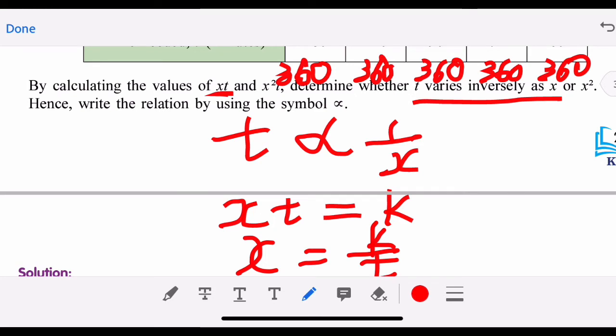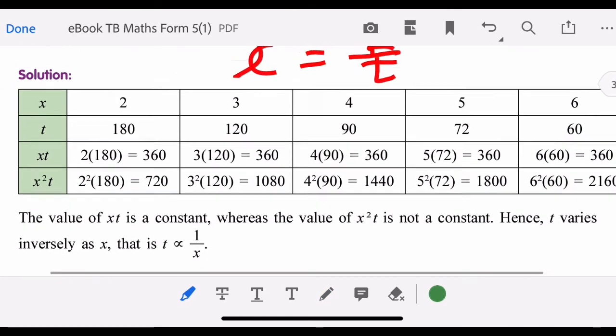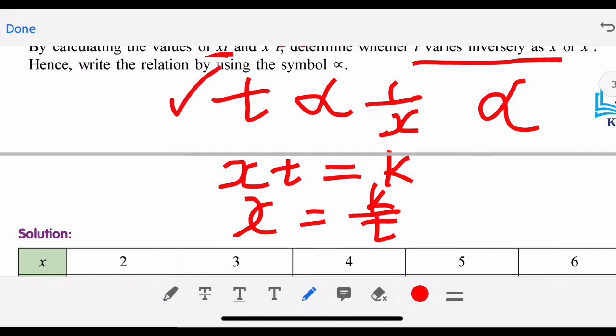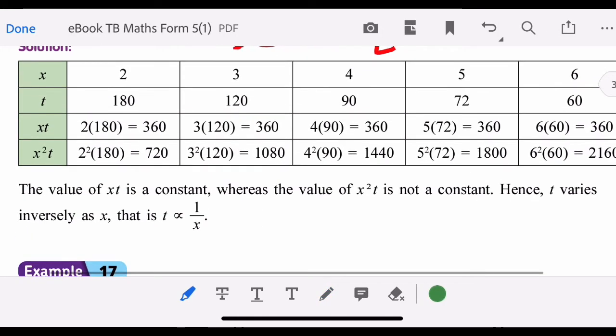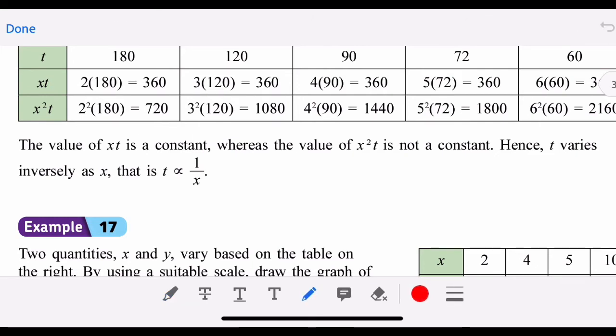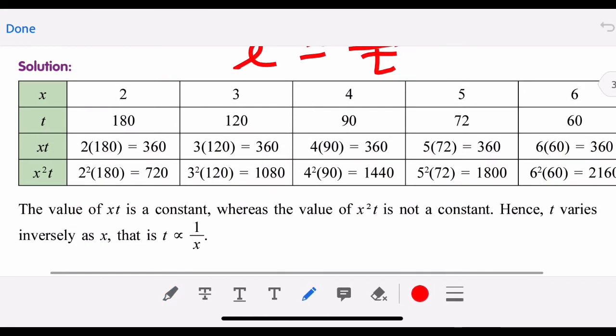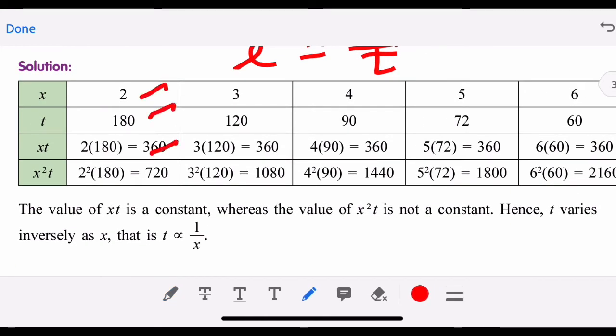Write the relation using the symbol proportional to. Proportional to means that we have to use a symbol for the inverse variation. So for the value of t, let's have a look. If we do the calculation, 2 times 180 we get 360, 3 times 120, 360, 4 times 90, 360, 5 times 72, 360, 6 times 60, 360, right?